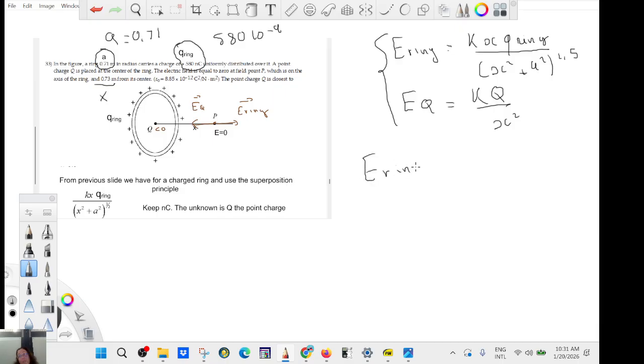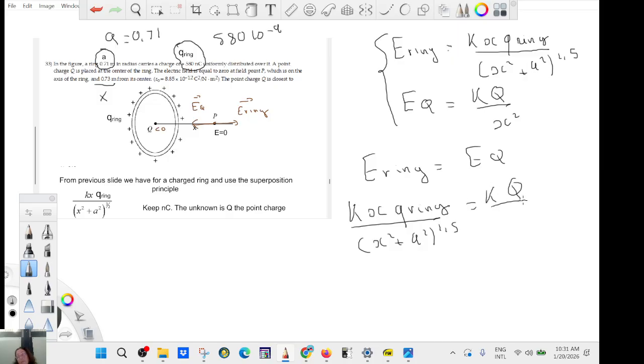So we want them to kill each other, so that goes bye-bye. Nice meeting you. It's not physics, right? Just solving. You are solving for Q.